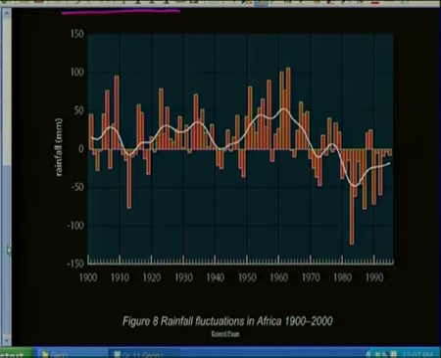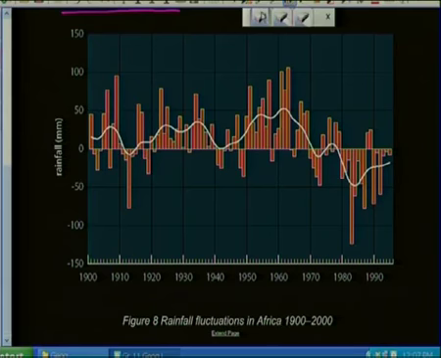Right, if you have a look at the graph just briefly, remember here to your left you have the scale which shows you rainfall from 0 to 150 millimeters per year, or 0 to negative 150 where there's no rain. And then horizontally along this axis down here, we are looking at time from 1900 all the way through to the year 2000.